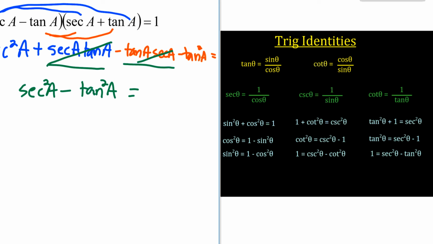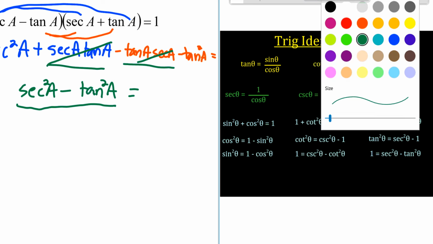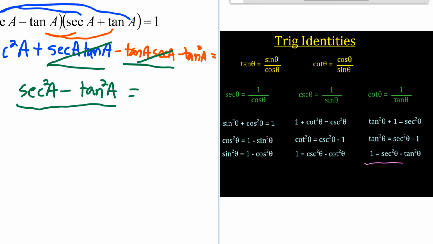So this is looking like it might be over on my little toolbox. Do you see secant squared A minus tangent squared A anywhere? I see it right there.